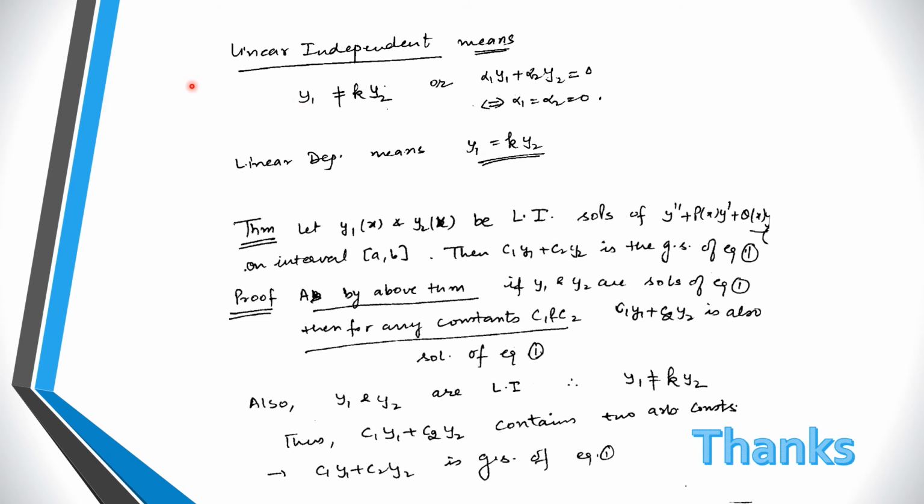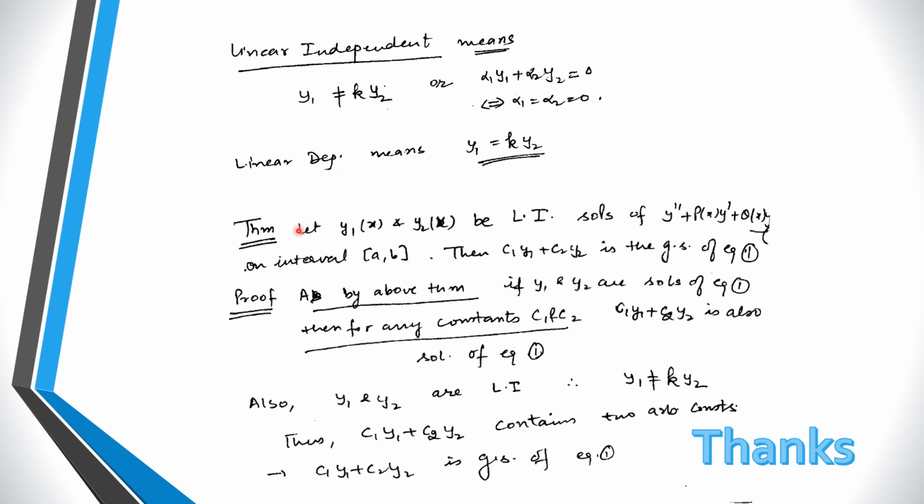For example, if y1 is x and y2 is 2x, then clearly they are dependent, because y1 upon y2 is a constant value. But if you take y1 to be x and y2 to be x square, then x square upon x is not a constant; it is a function of x, so they are linearly independent. This is an example of linearly independent functions.